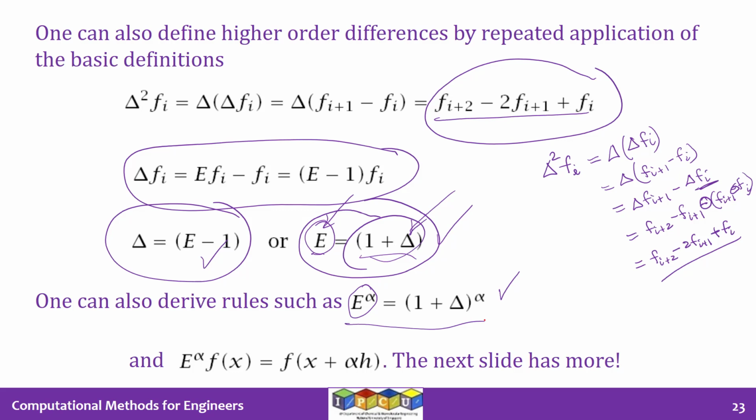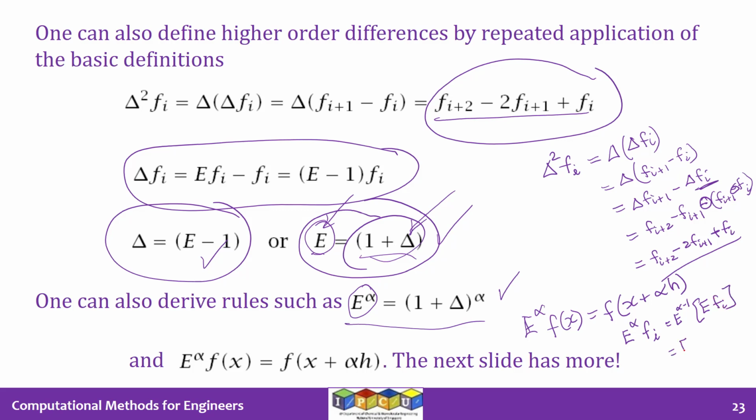And then we can write E to the power of alpha f(x) as f at x plus alpha h. Why is that the case? Because if you apply E to the power of alpha on, let's say, Fi, I can write it as E to the power of alpha minus 1 EFi.